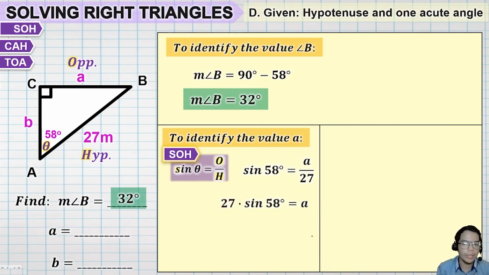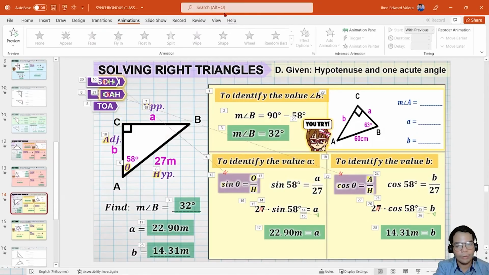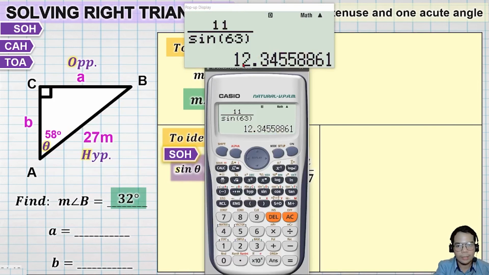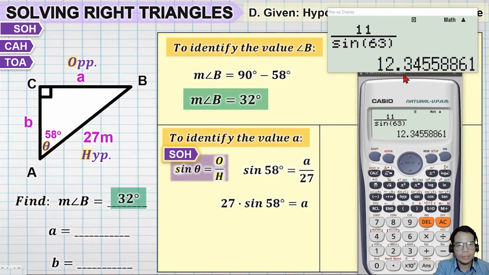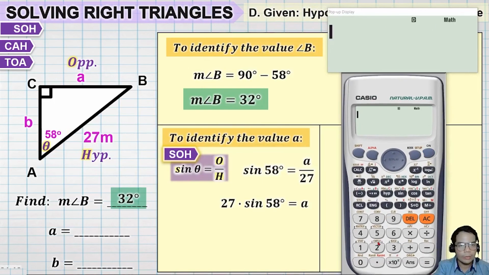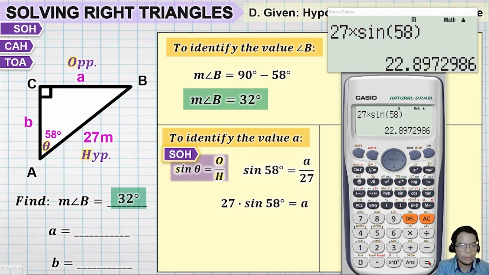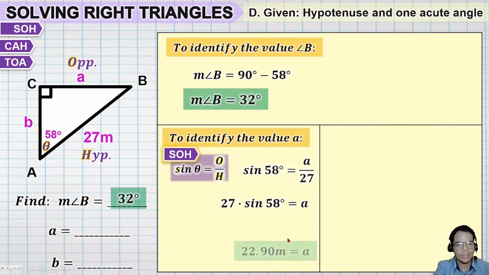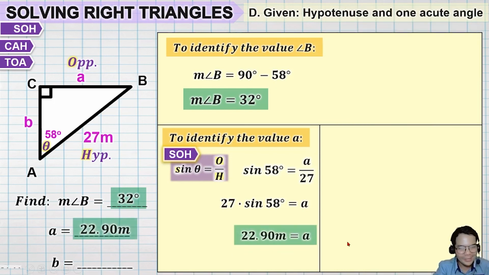So that means we will now have 27 times sine 58 degrees is equal to the value of side A. So type lang natin sa calculator natin, 27 times sine 58 degrees. Then close parenthesis. So we'll have around 22.90 degrees. Ay, not degrees. Side pala yan. 22.90 meters. Yun pala ang ating unit. Gets po?